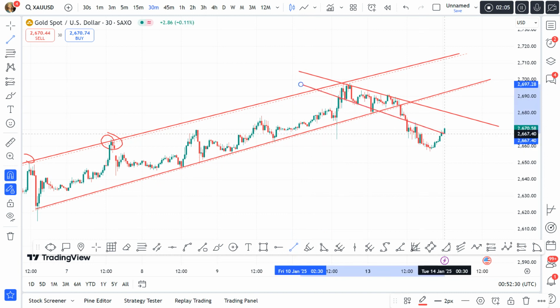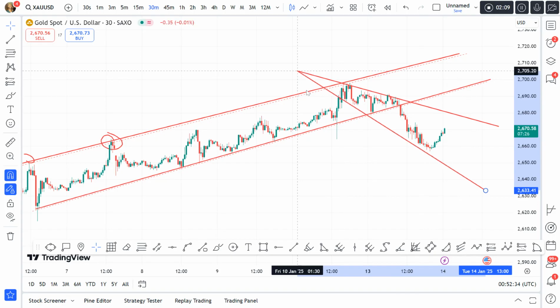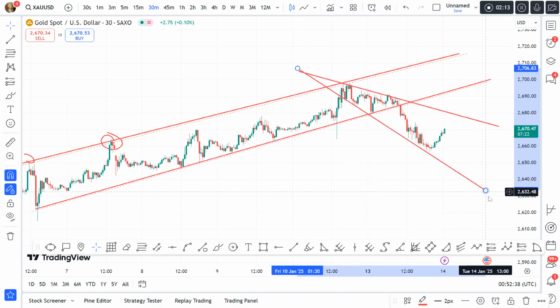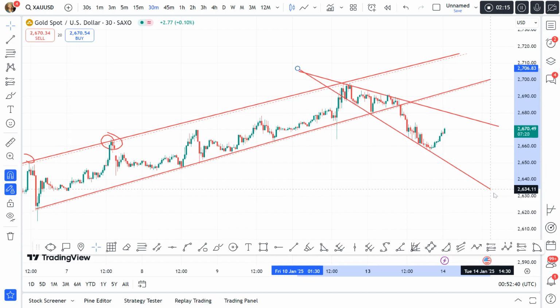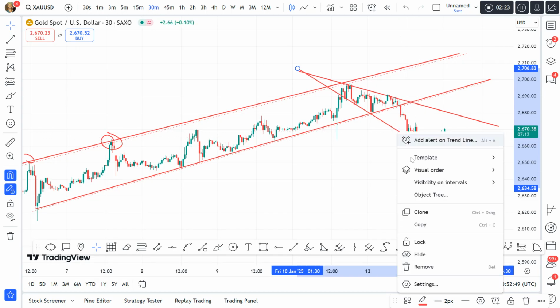We also have the break of structure from the bottom to the floor, and the market is respecting it, creating a false buy at every level of touch of the descending trend line.